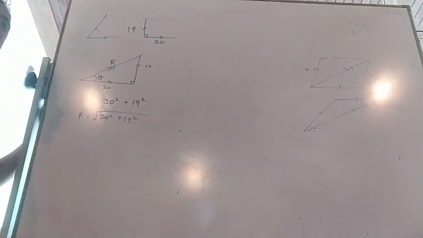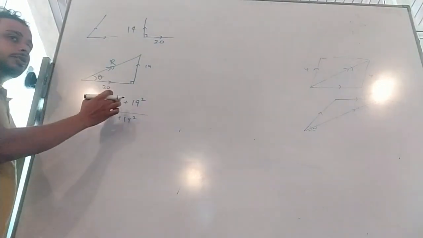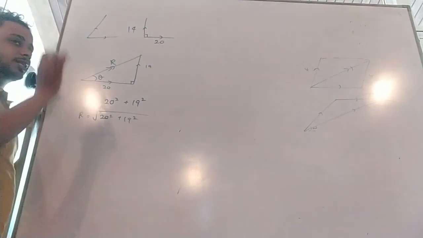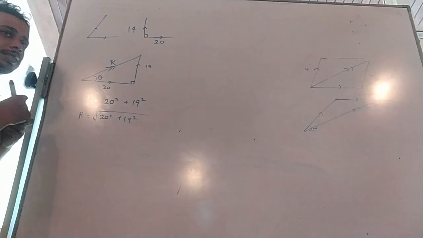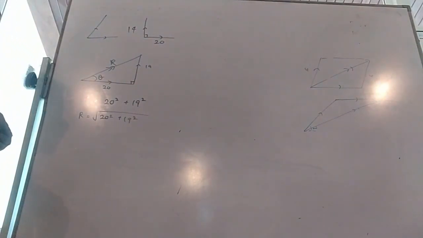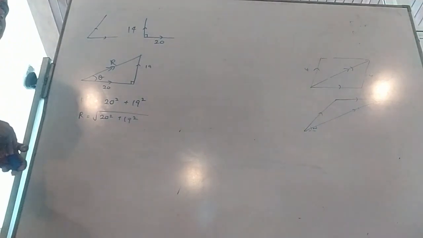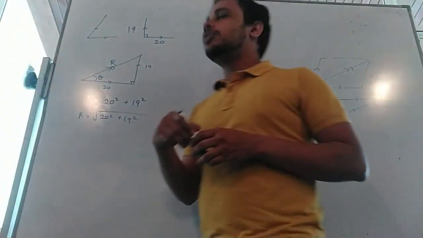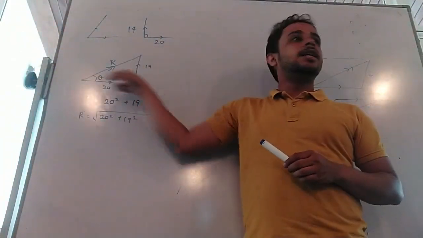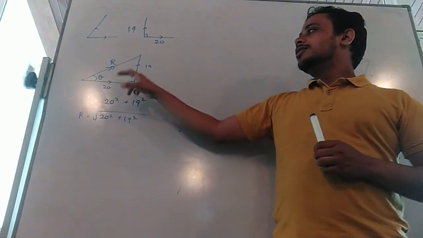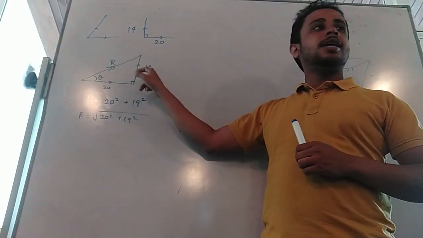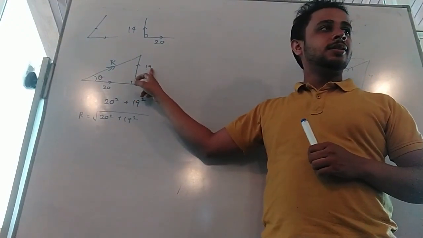And when you are finding the resultant force, you always have to find the resultant force's direction as well. That means you have to find an angle. Since we didn't draw a scale diagram, we can't measure this angle either. So how can you find that angle? Again, you can use a simple calculation. Now this is a right angle triangle. You learned trigonometry, right? So what is this side relative to this angle? Opposite.